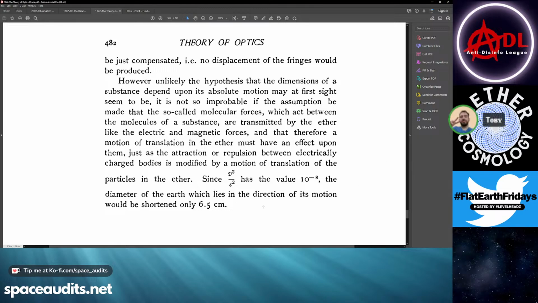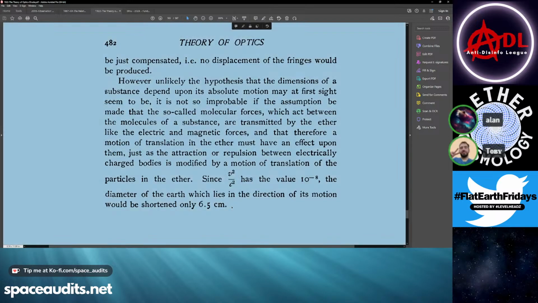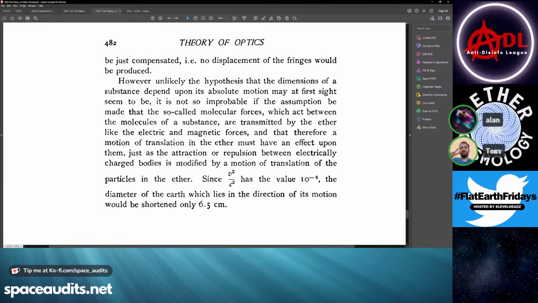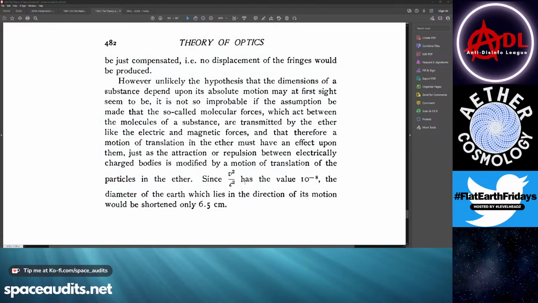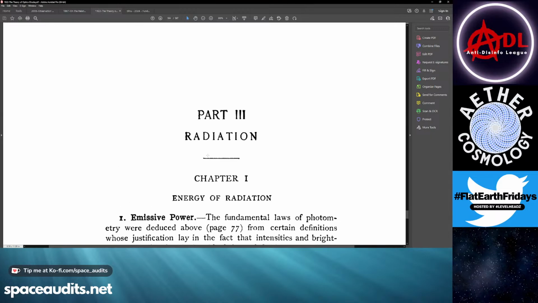Since v squared over c squared has the value of 10 to the minus 8, the diameter of the Earth, which lies in the direction of its motion, would be shortened by only 6.5 centimeters. Whoa. Yeah, crazy, huh?